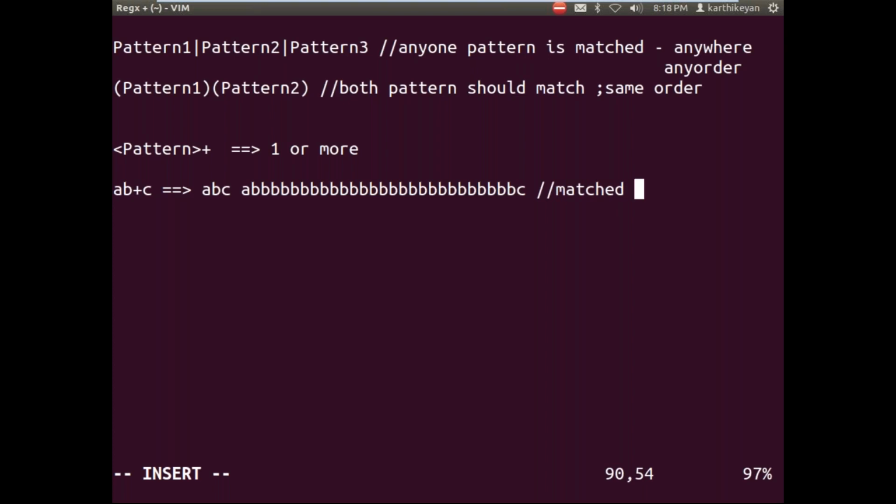Now what is the difference between star and plus here? Star matches everything. But here, A, B, C if I write the repetition, A followed by B, comma, followed by B, followed by C, this will not match. Plus needs the same pattern to repeat.